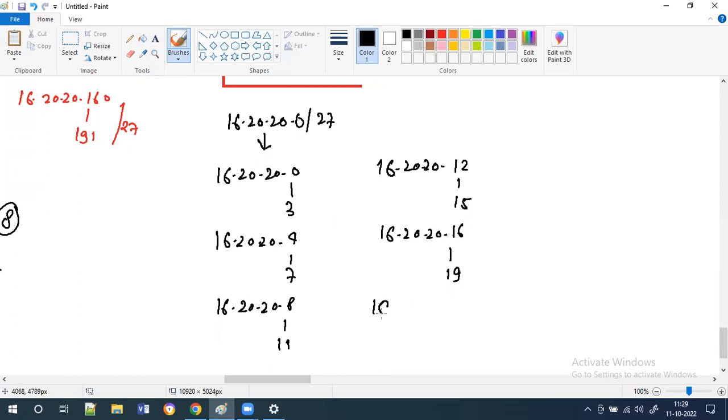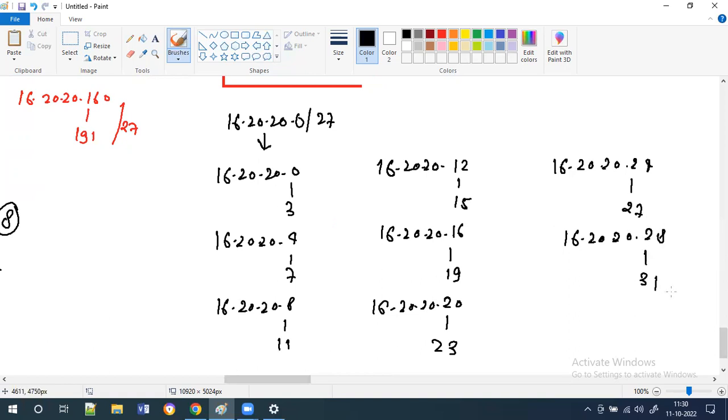Correct now? 16.20.20.20 to 23. Then 16.20.20.24 to 27. Then 16.20.20.28 to 31. I can write like that, right? And here is 30.